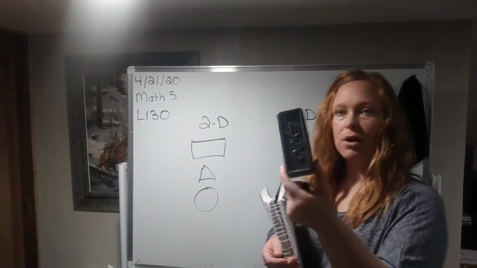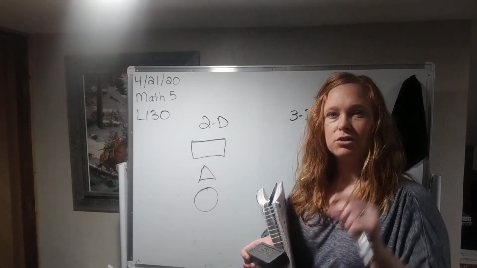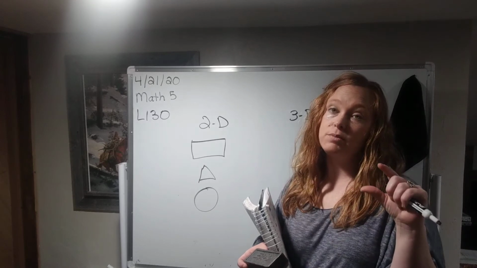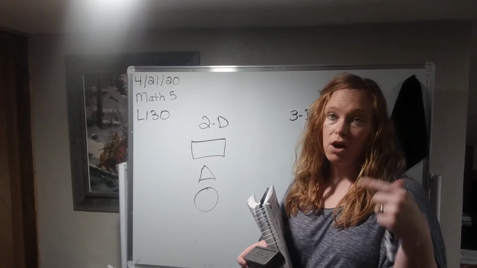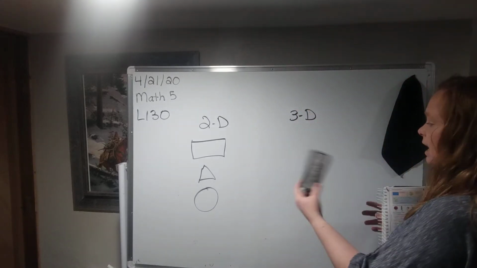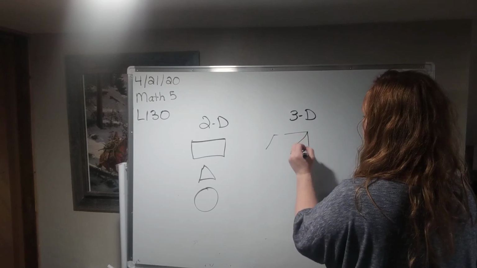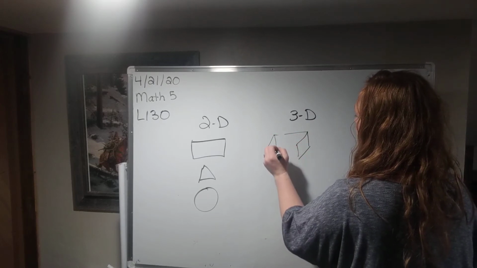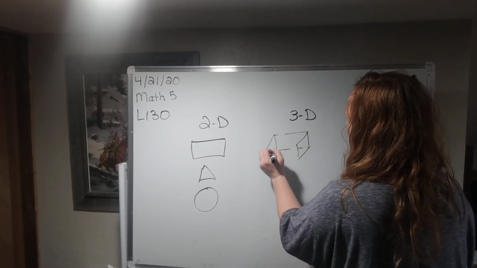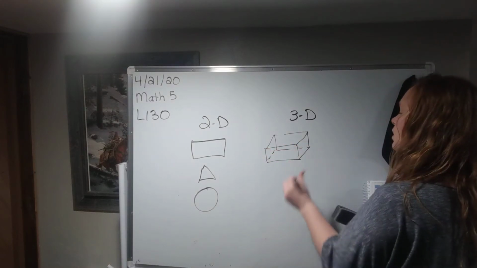So if I took apart this rectangle, if it was empty on the inside, do you guys know how you build those cubes in class, right? And they're hollow. Well, if I cut it open, what would it look like? So basically, I want to take my rectangular prism, and I want to lay it flat open and see what it looks like.